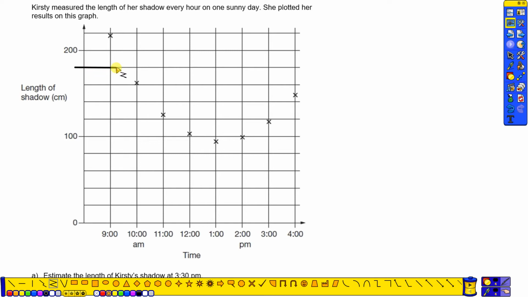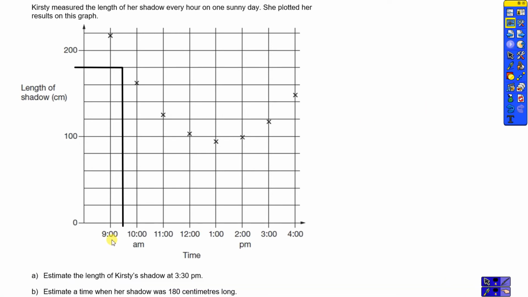And if we were to join up a line, I guess it would cross the line about here. And then if we move down, we can see that it crosses halfway between 9 o'clock and 10 o'clock. So my estimate for when the shadow was 180 would be 9:30.